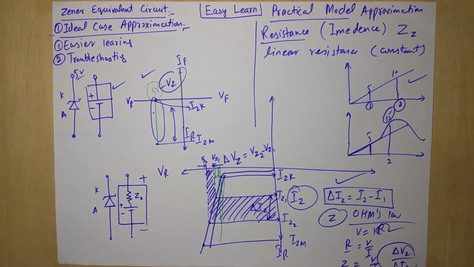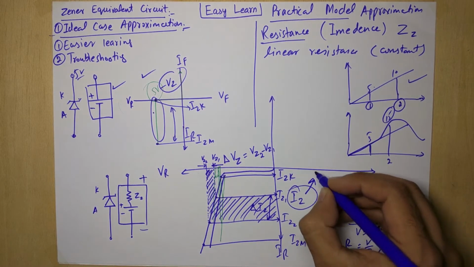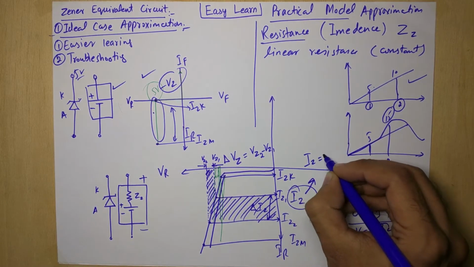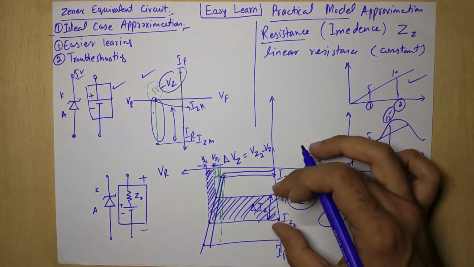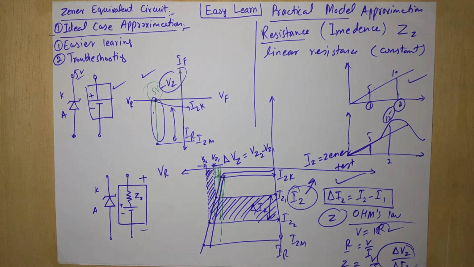What is IZ? I told you, IZ is the Zener test current. We are basically testing by taking the 2 points. I will also give you an example. We will first solve an example in the next episode, because with the help of an example you understand better. I have already taken almost 2 episodes on this topic because it is important.